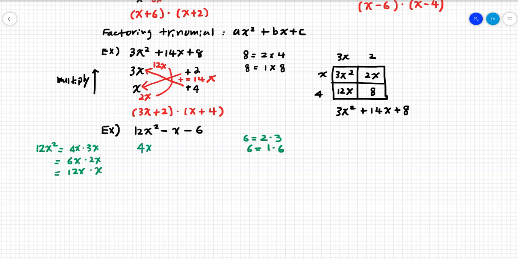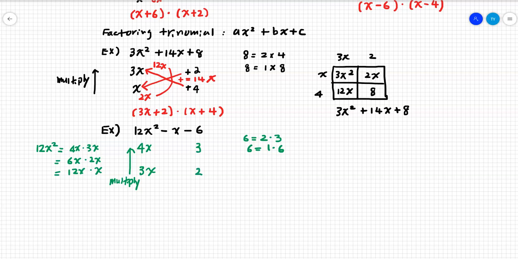Okay? So I'm guessing here, so I'm going to try the closest one first. I'm going to go 4x and 3x. If you're going up and down, that's the multiplication, right? And then I'm going to try 2 and 3. But I'm going to be careful because I need to come up with a minus x in the middle. So I'll probably go something like this: 3 and 2.